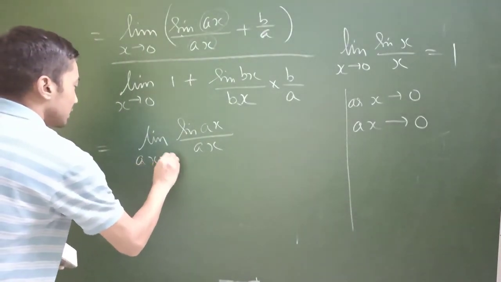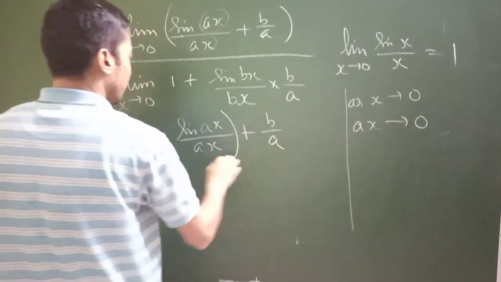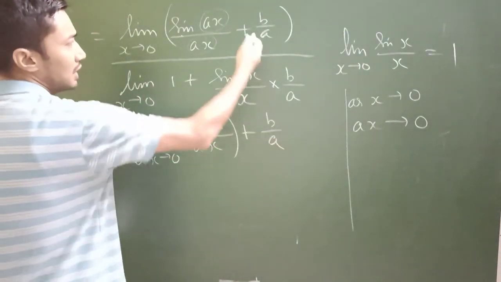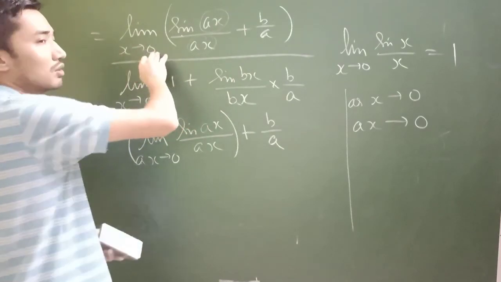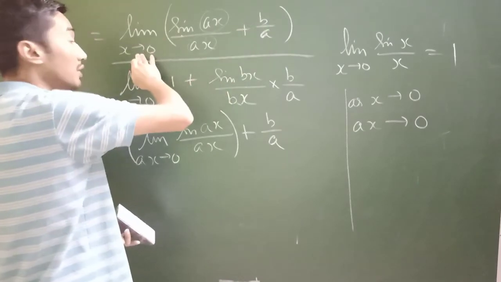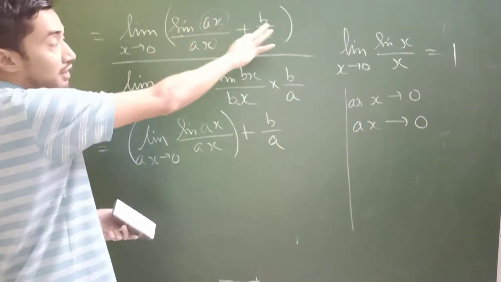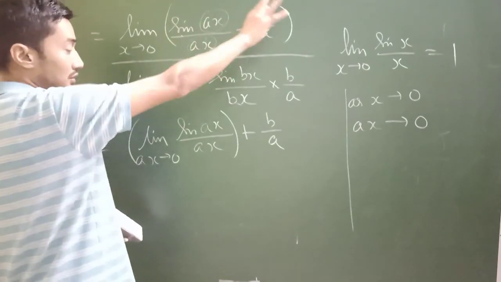So ax tends to 0, plus b by a. Because there is no variable here, limiting as x tends to 0 will not have any effect on the value of a constant b by a. No matter what happens to x, b by a will remain b by a because it is independent of the variable.